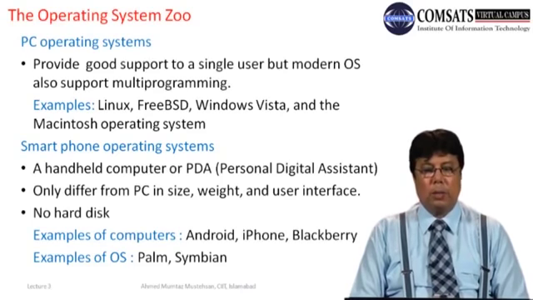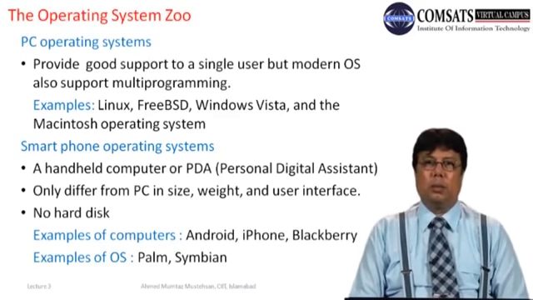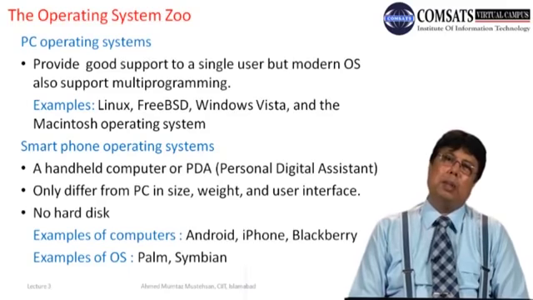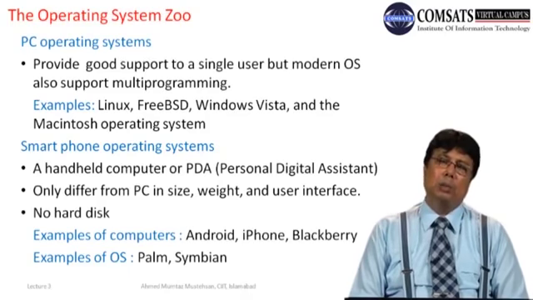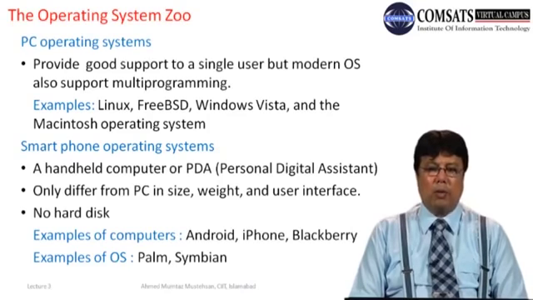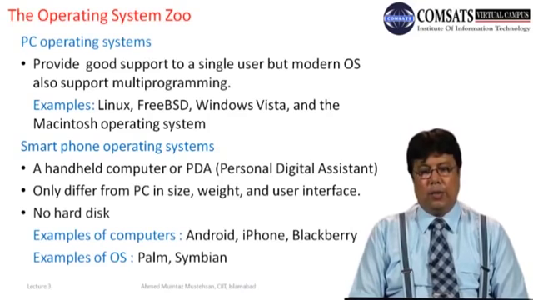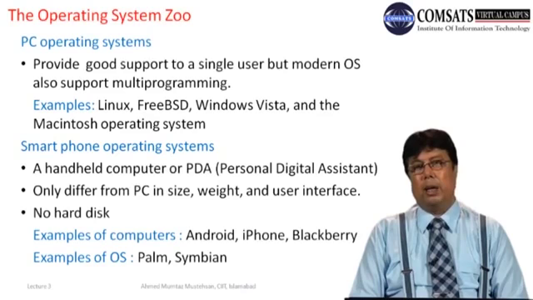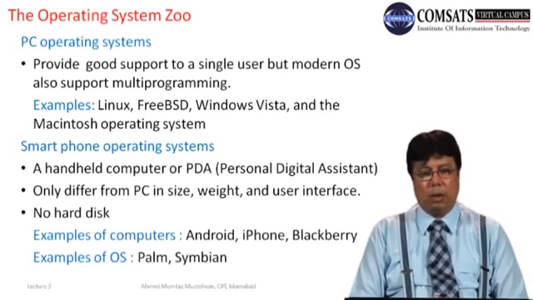Smartphone operating systems. Smartphones have almost the same capabilities, I must say, as that of the personal computer. The difference is basically in terms of size and weight and the user interface, because they are small in size.